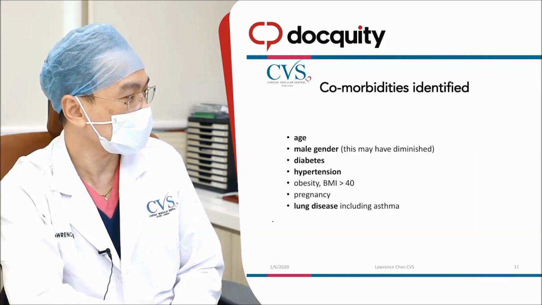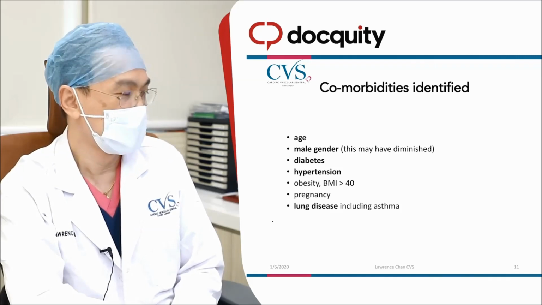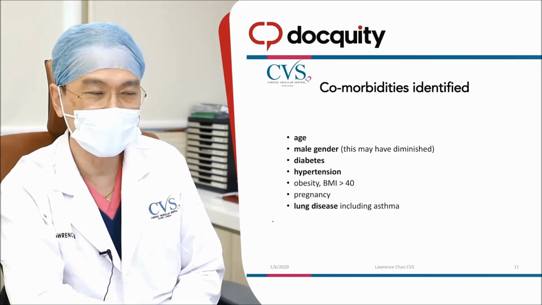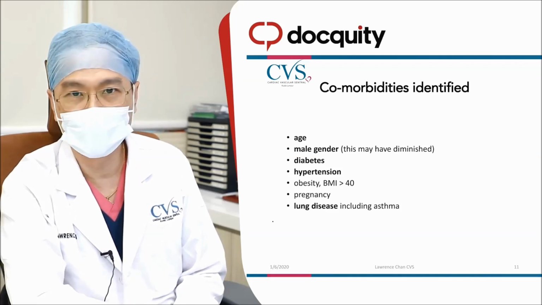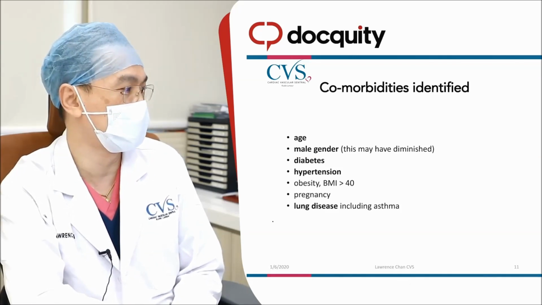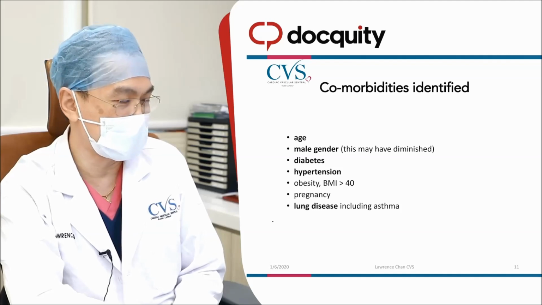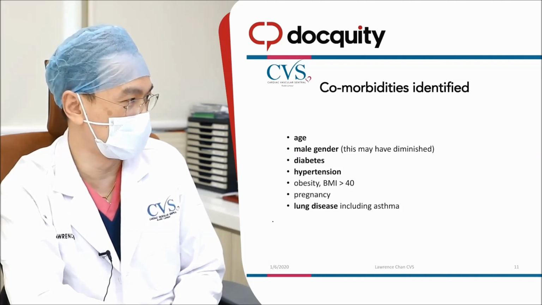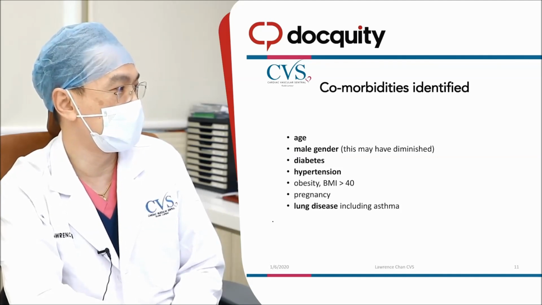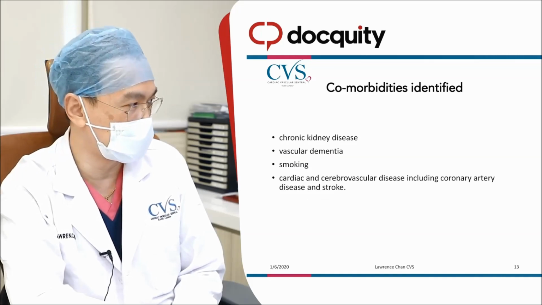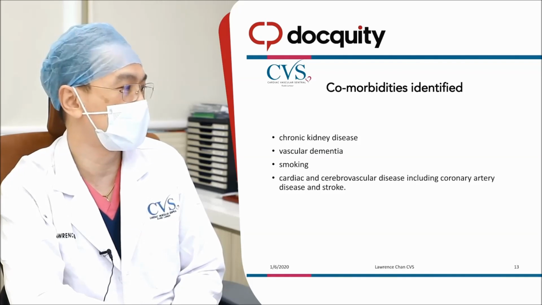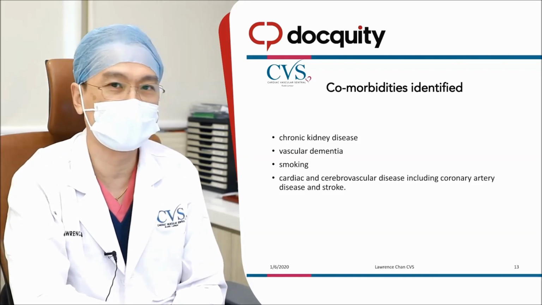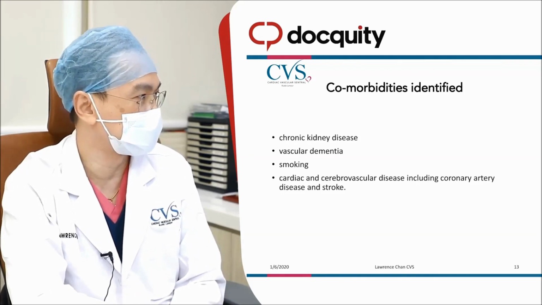So what are the comorbidities? As we mentioned, gross obesity leads to poor outcome. Pregnant women have a poorer outcome. People with asthma would also be at risk. Other things would be chronic kidney disease, vascular dementia, smoking, and as we mentioned earlier, cardiac and cerebrovascular disease.